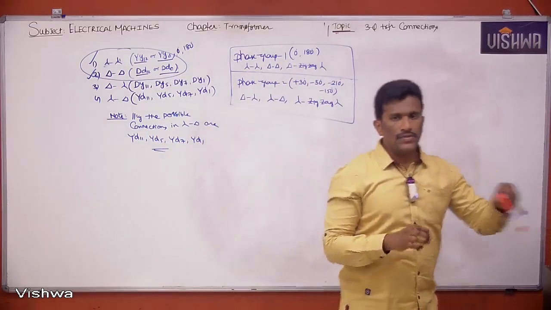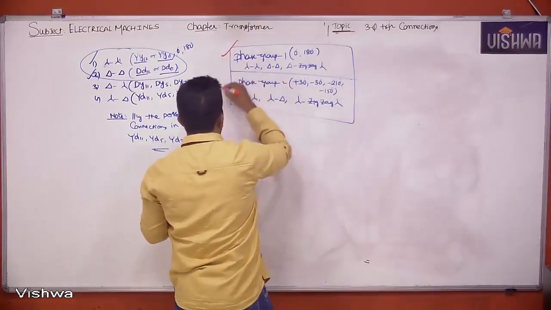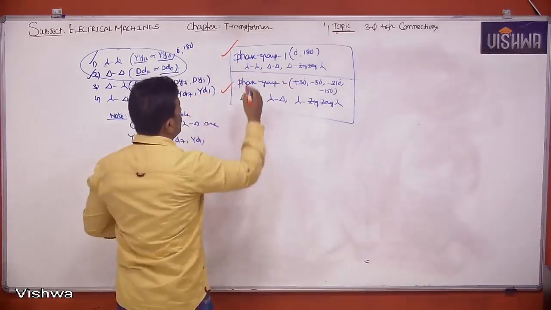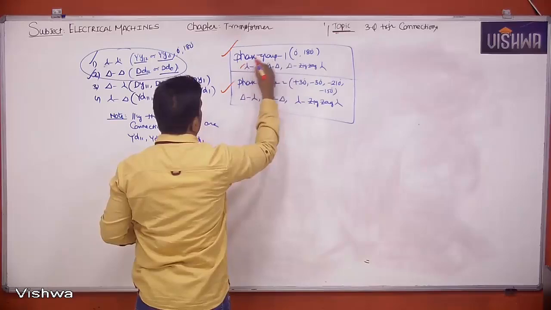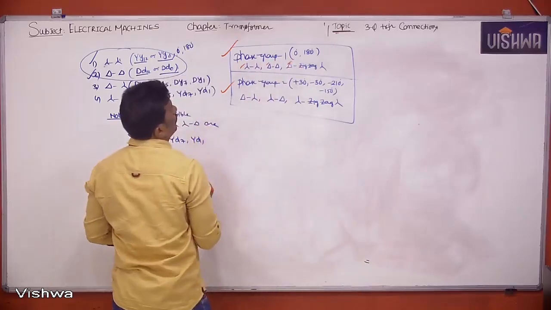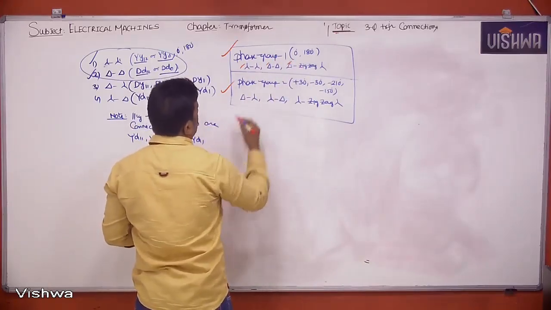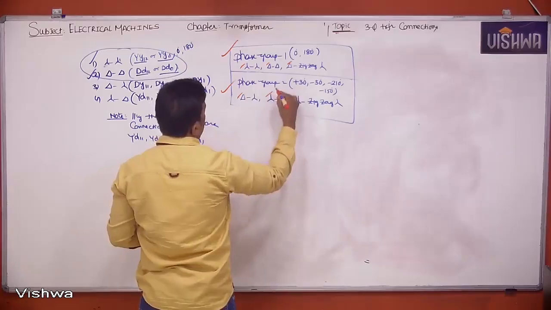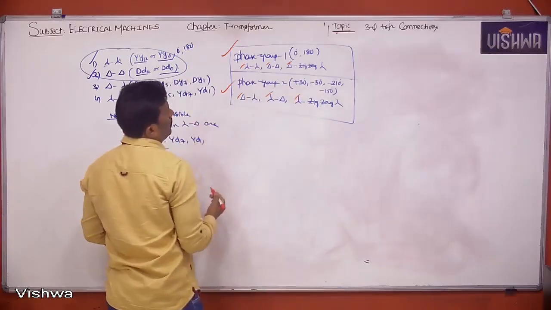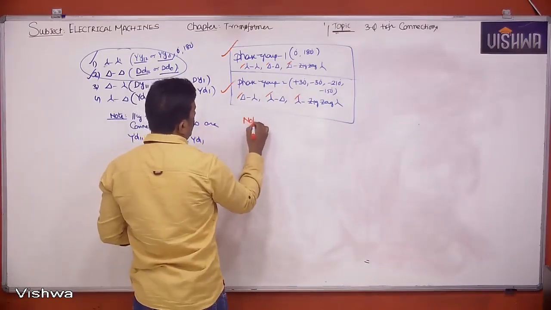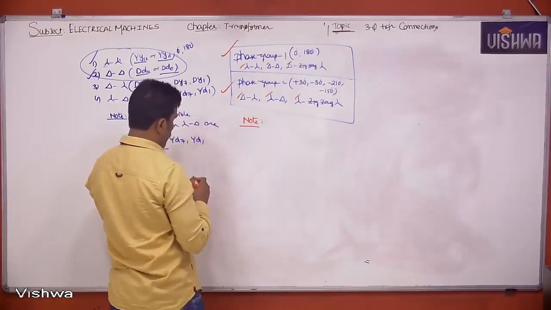This tabular column is very important. Under phase group 1 you are having star star, delta delta, delta zigzag star. Under phase group 2 you are having delta star, star delta, star zigzag star.